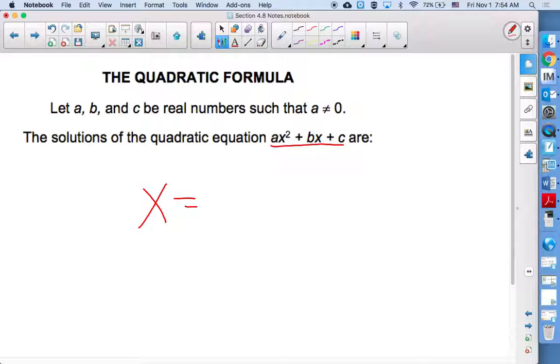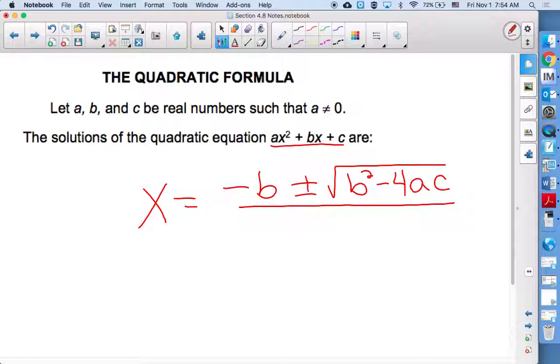So I'm finding x, because that's what we're solving for: negative b, plus or minus, because there's a square root in here. And anytime I have a square root to solve, I have a plus or minus. And then b squared minus 4 times a times c, and then divided by 2a.